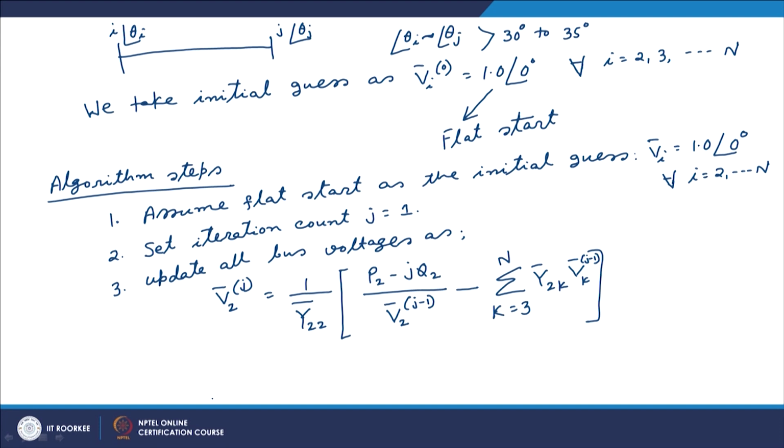Now after that when we are trying to solve for V3j, now this is interesting, V3j would be 1 by Y33 times P3 minus jQ3 over V3 star. V3 we have not as yet solved, so V3 j minus 1.